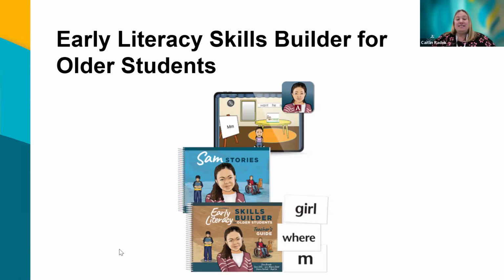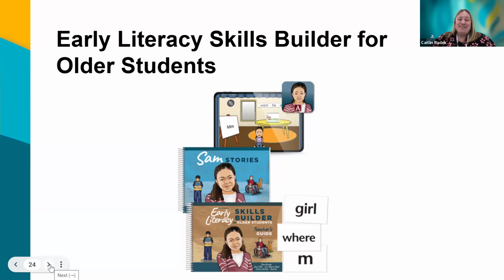blended program, which means that it can be delivered via software on the computer, as well as with print materials with the teacher. This way, for our students who do better with electronic learning, they have opportunities to practice those skills and learn on the computer. For our students who need more interaction with a person and with their teacher there, we also have the print materials, so they can use one or both of those methods to learn the different information in this program.